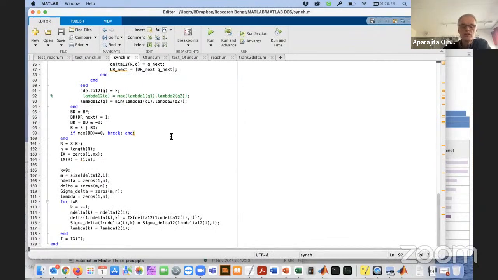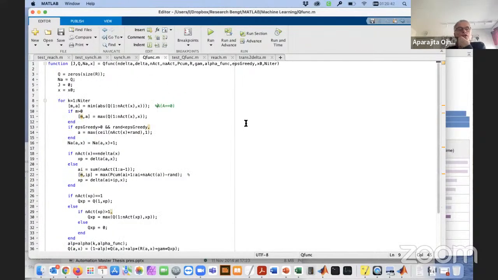And yeah, this is one way to make the synchronous composition, and I believe this, at least in MATLAB, is the most efficient way to do it.